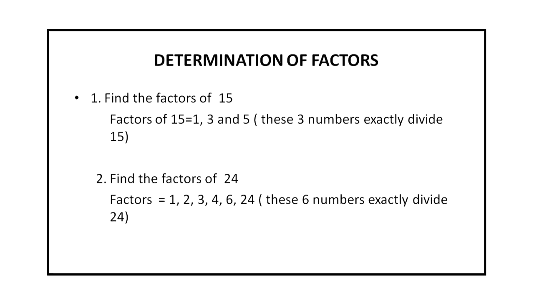Second question, find the factors of 24. 1 is a factor of every number. So, the first factor of 24 is 1 itself. The other factors are 2, 3, 4, 6 and 24. These are factors because the numbers 2, 3, 4 and 6 exactly divide the number 24 and we get a remainder 0.